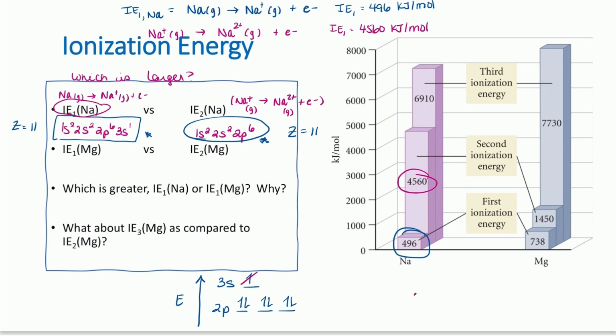Now, the other way to look at this is with the circles. n equals 1, n equals 2, n equals 3. I'm going to use dots. 1, 2, 3, 4, 5, 6. 1, 2, 3, 4, 5, 6, 7, and 8.